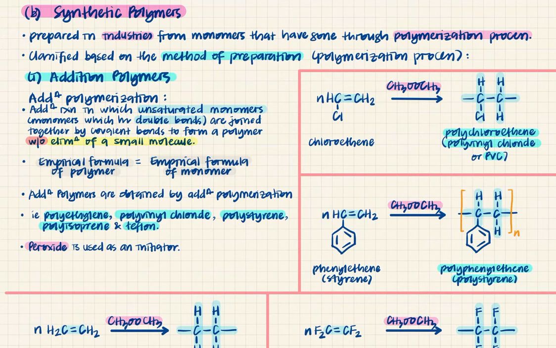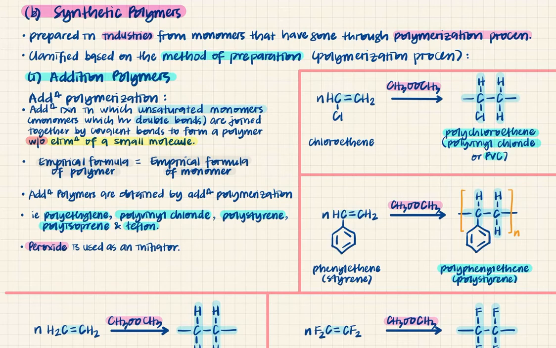Meaning they are made up of the same number of carbons and the same ratio of carbons or whatever atoms in your compound, in the polymer and the monomer.